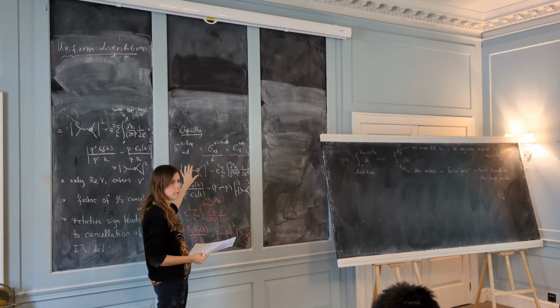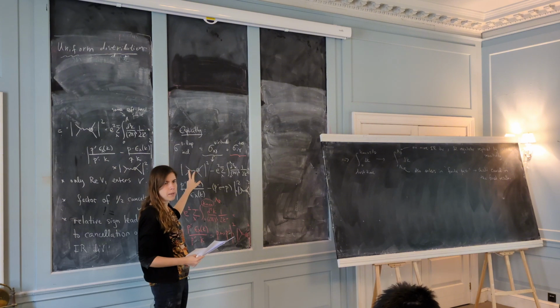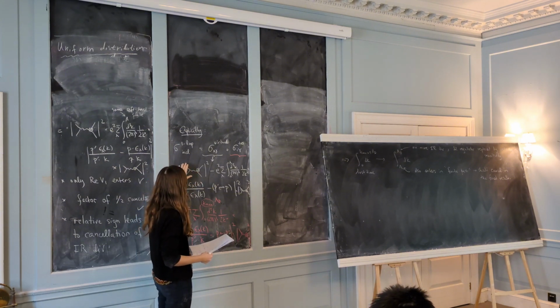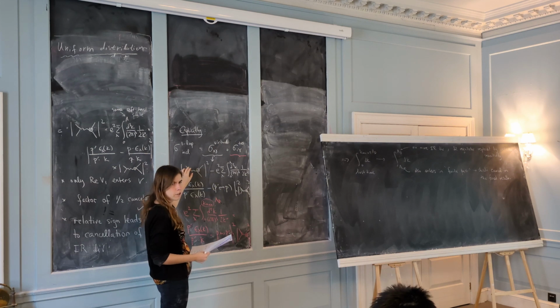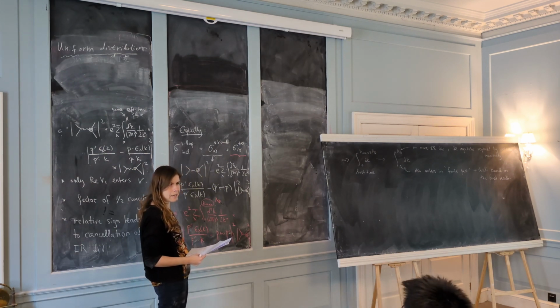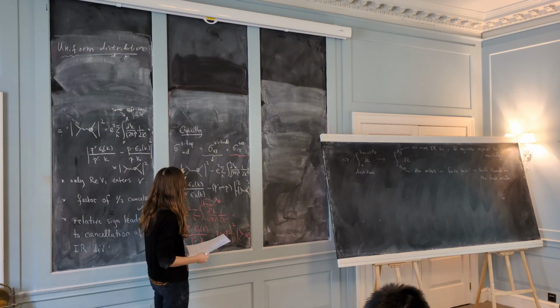One such example would be a 2-to-2 scattering process where you have an electron-positron pair going to an electron-positron pair. What we have seen is that that process is infrared divergent due to the virtual exchange, and this is what we computed last lecture.